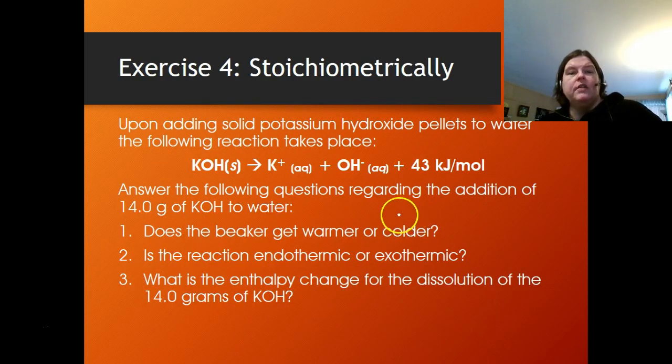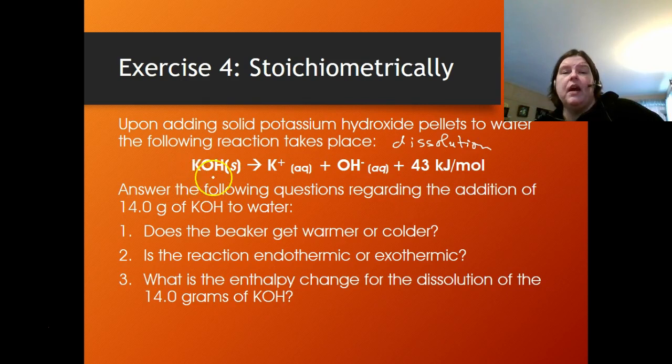Okay? So exercise 4. Here we go. So upon adding solid potassium hydroxide pellets to water, the following reaction takes place. And this is a dissolution process. So this is one of those physical processes that happen that we can find the heat of. So we have potassium hydroxide that, when dissolved in water, results in potassium ions that are aqueous and hydroxide ions that are aqueous.